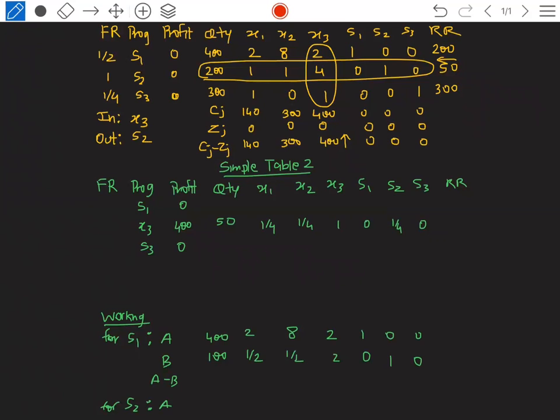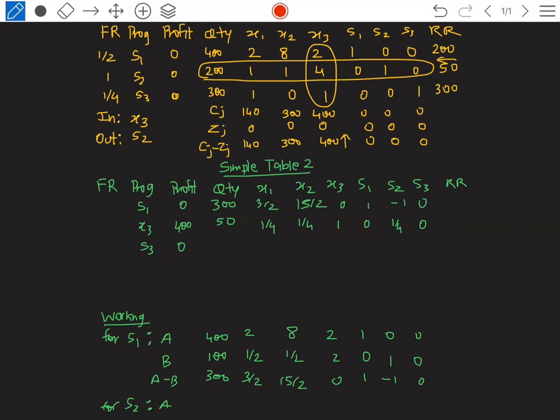So we've got A minus B values as 300, 3 by 2, so that's 8 minus half, which is 15 by 2, 15 by 2. Then we have got 0, 1, minus 1, and 0. So let us quickly write down these S1 values over here: 300, 3 by 2, 15 by 2, 0, 1, minus 1, 0.